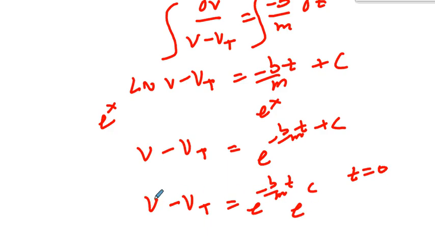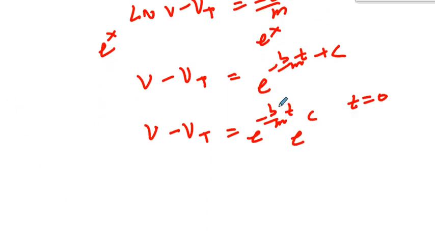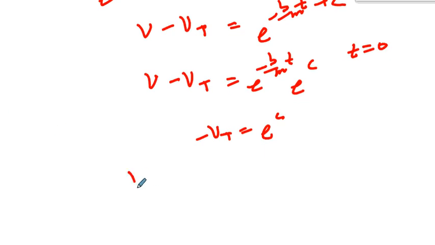But my beginning velocity is 0. So with this becoming 1 and this becoming 0, e to the c is equal to minus terminal velocity. So I'm going to put minus terminal velocity in for e to the c power. So now I have v minus vt is equal to minus vt e to the minus b over m t.